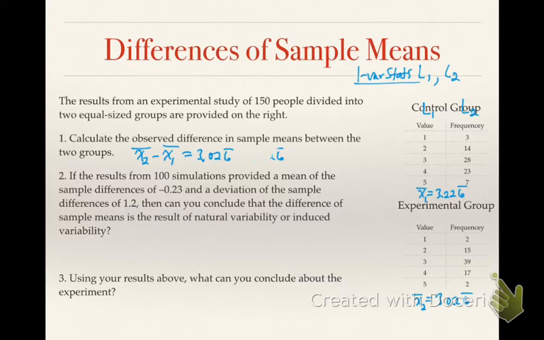It looks a little horrible. Let me rewrite that. Minus 3.226 repeating. And what that gives you is negative 0.20. So our experimental group had a mean that was 0.20 less than the control group.